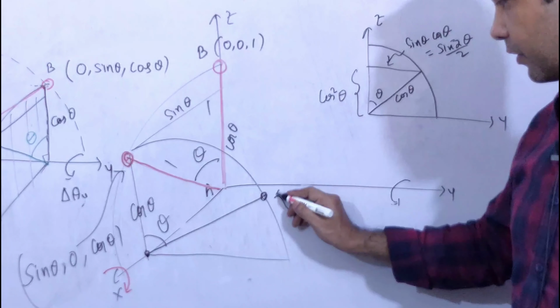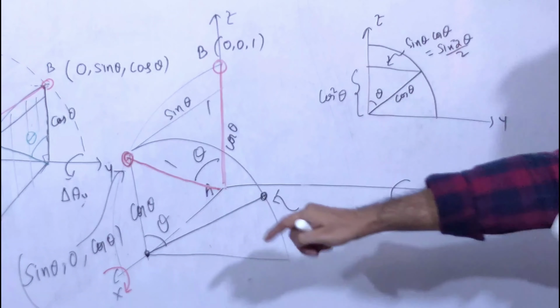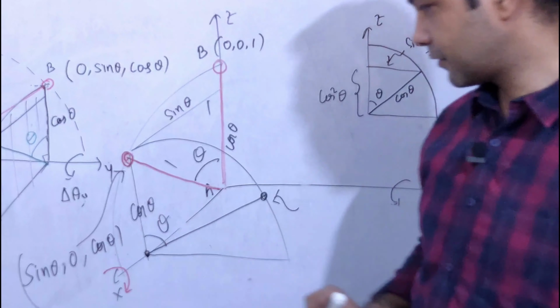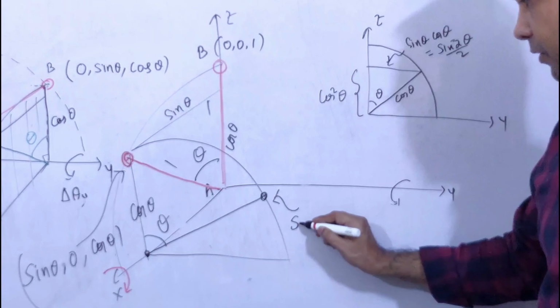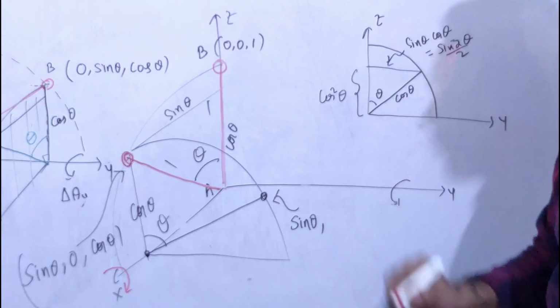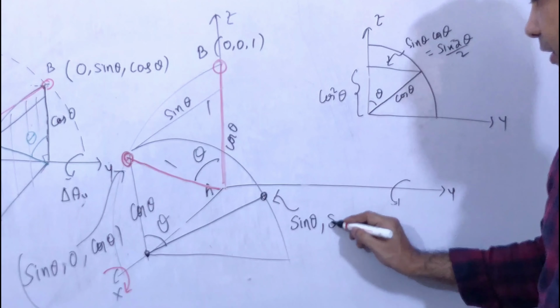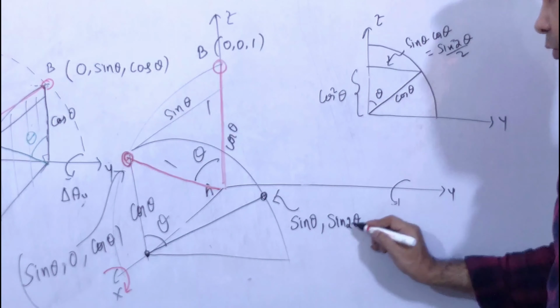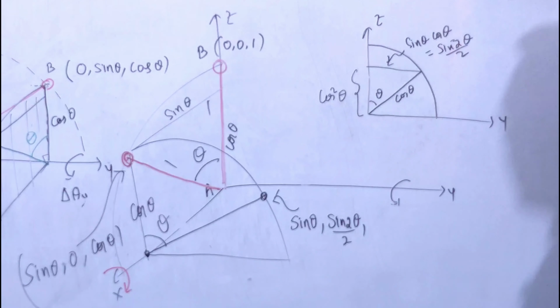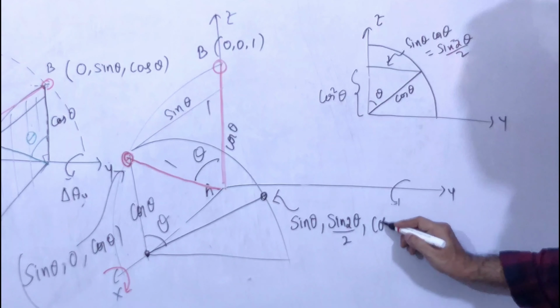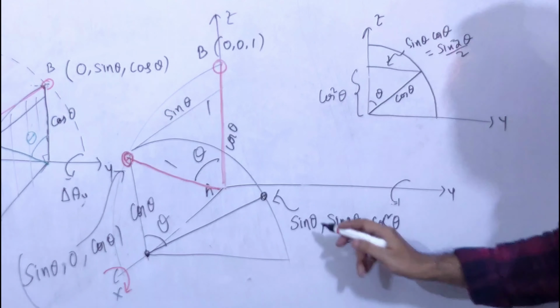Because it was rotating about the x axis, the x coordinate here will not change. So the x coordinate will remain sin theta, the y coordinate has become sin 2 theta by 2, and the z coordinate has become cos square theta.